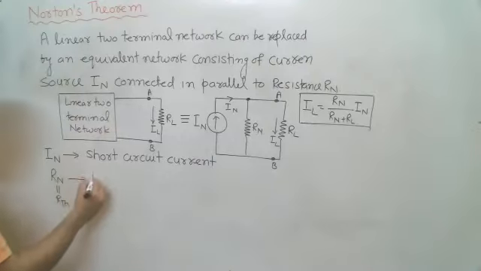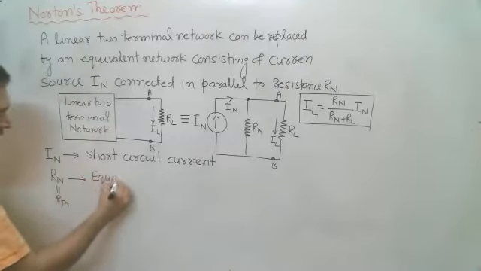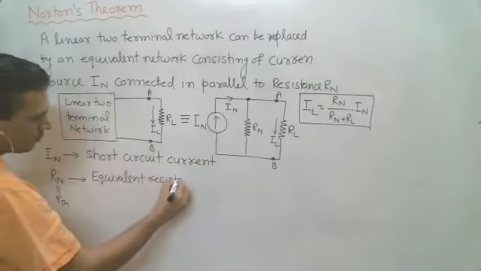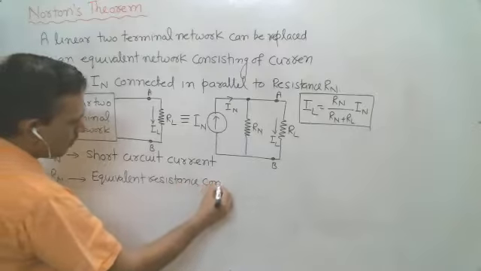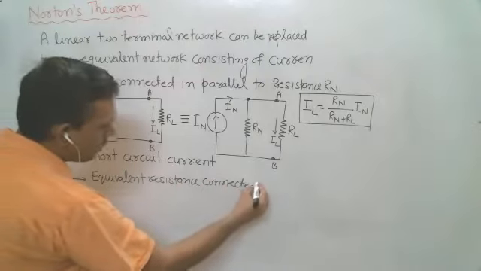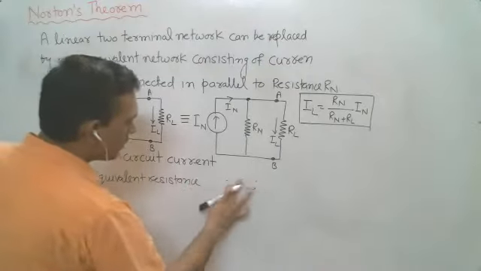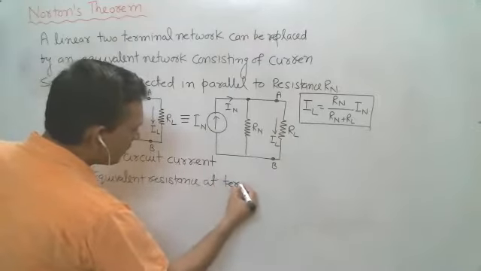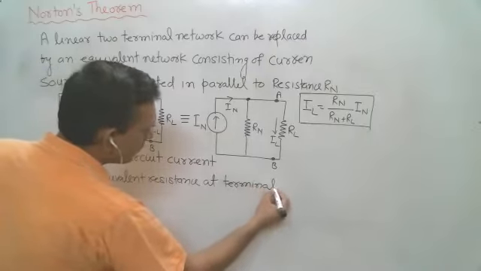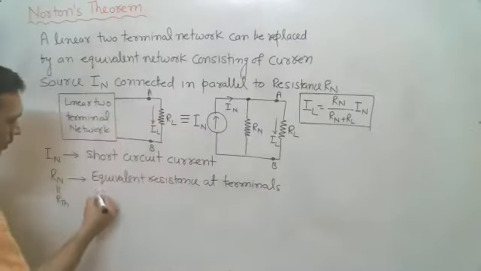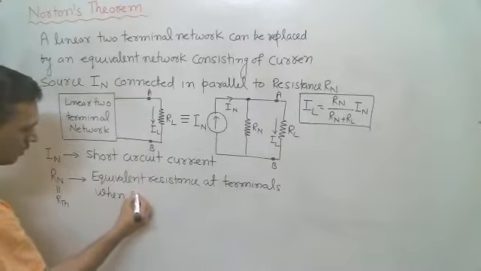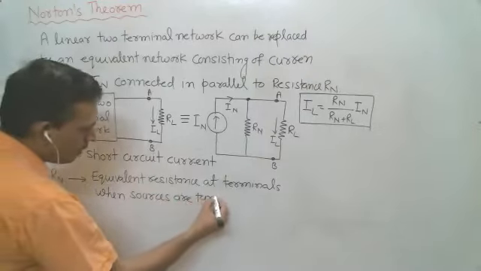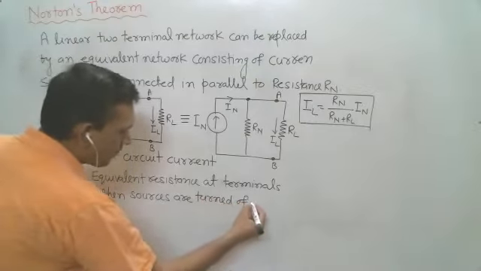So what is RN? Same definition: equivalent resistance at terminals when sources are turned off.